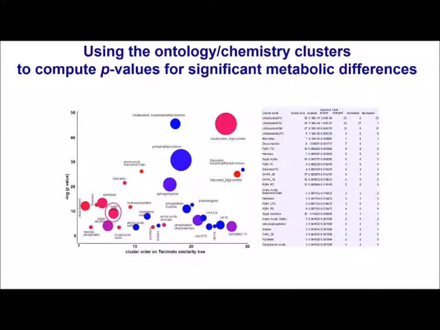So ChemRICH has the advantage that it highlights chemical classes that are relevant for a metabolomic study, and these can be interpreted further. The tabular output includes cluster names, cluster size, p-value, adjusted p-value by FDR, how many total compounds are changed, how many are increased and decreased within that cluster.